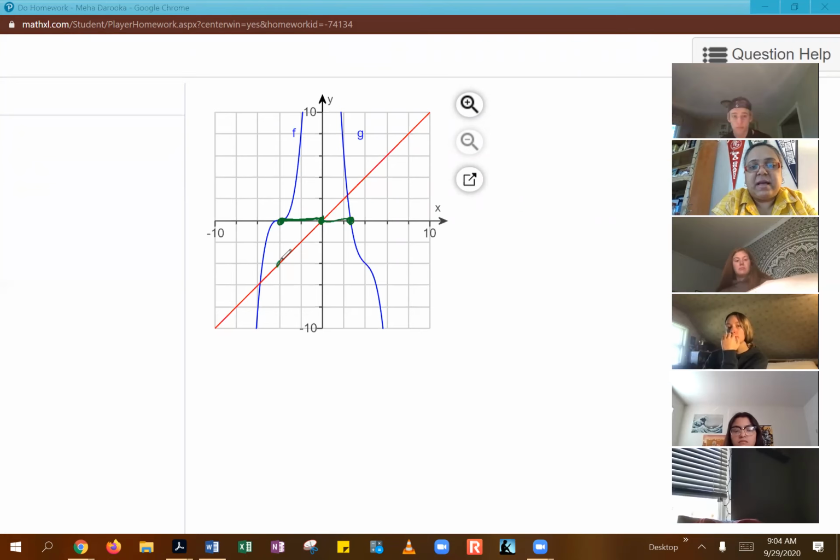You can do that over here also, going in this direction and in that direction, which we would have to keep going. Again, you can see those are not even distances. Even if you try to fold your graph along the red line, those two halves are not going to coincide with each other.